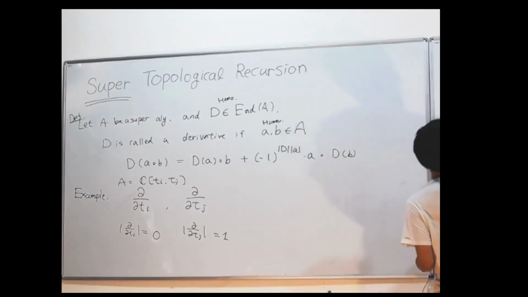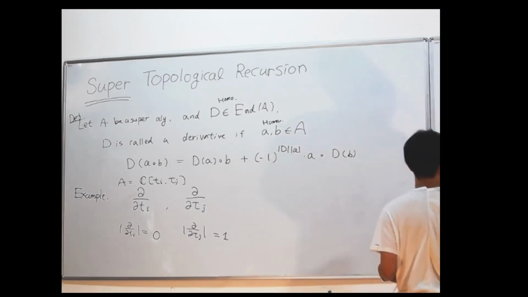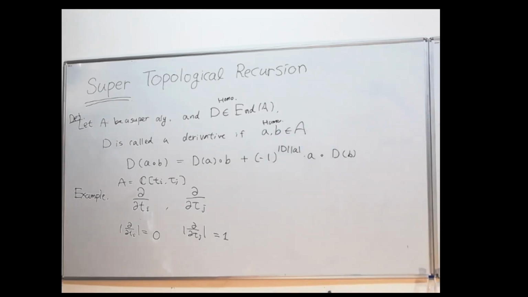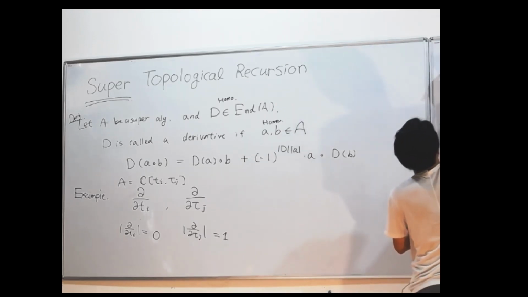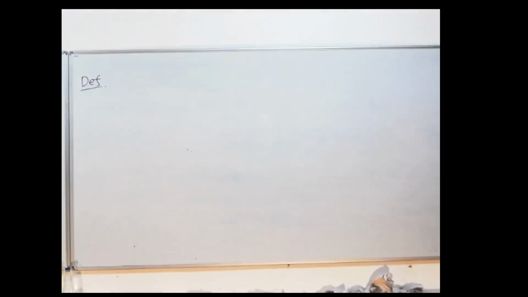So the last thing I want to mention is a Lie algebra, but the super version. So now definitions. This is possibly the last annoying definition you will see, modulo a few more.